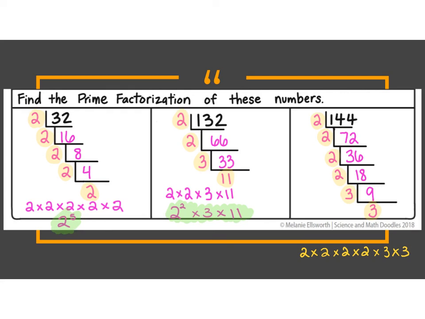I see 2 is duplicated, so 2 would be our base number. It's multiplied out 4 times, so 4 would be our exponent. And we can multiply it by 3. 3 is also duplicated. It's multiplied out 2 times, so our exponent would be 2. So the prime factorization of 144 is 2 to the 4th power times 3 to the 2nd power.